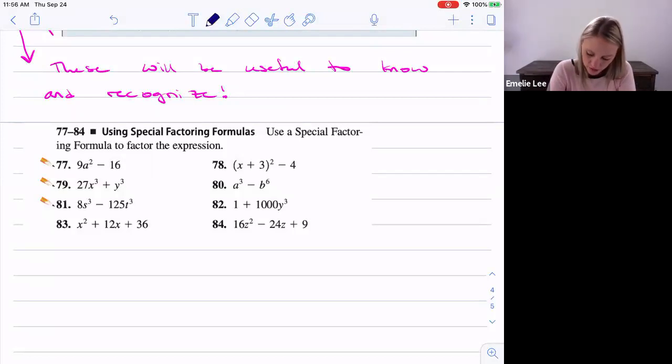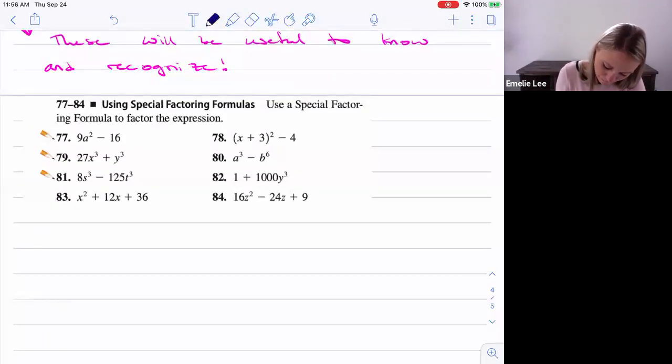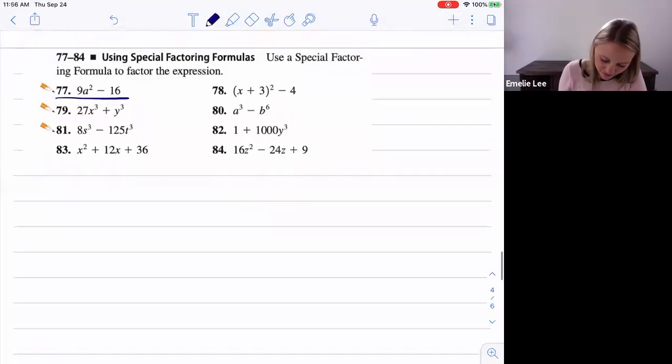Did I even do any of these earlier? Trying to remember what I did with other class, otherwise I confuse myself too much. Let's do 77, just something kind of simple to kick it off.